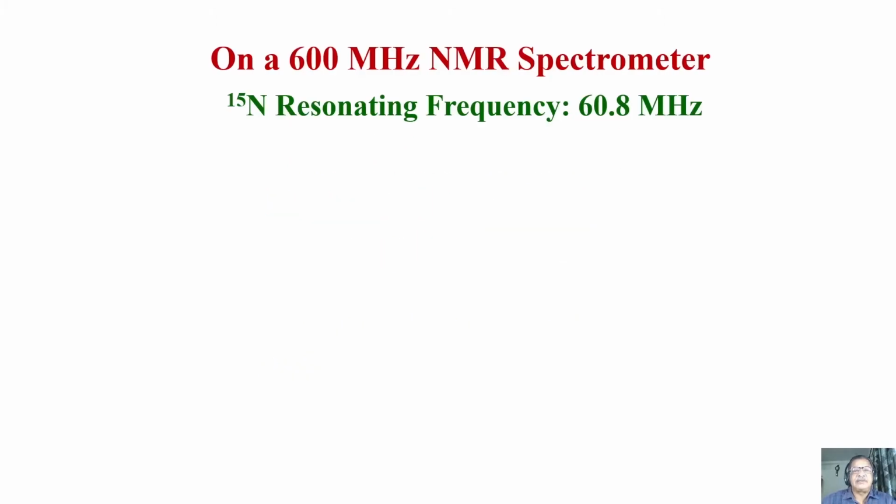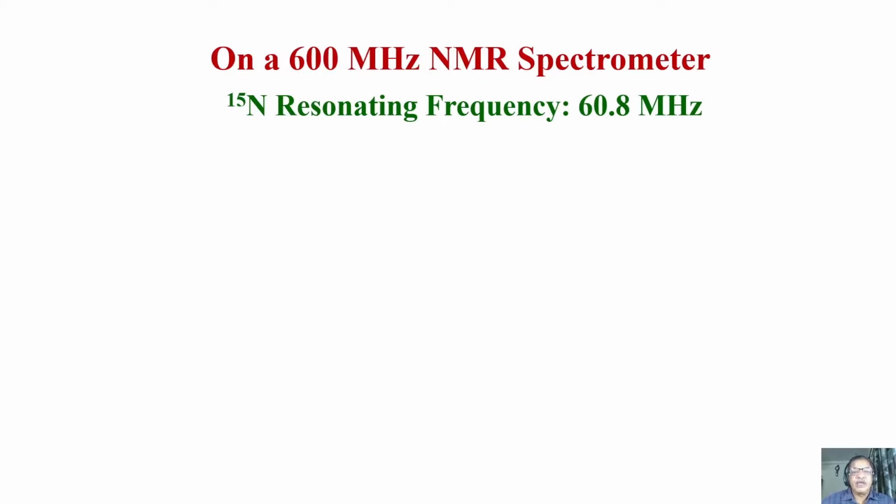Remember, in the last class we discussed the conversion of ppm to frequency and vice versa. Just before continuing further, this being an important point, let us recapitulate with one or two slides the process of conversion from ppm to frequency.